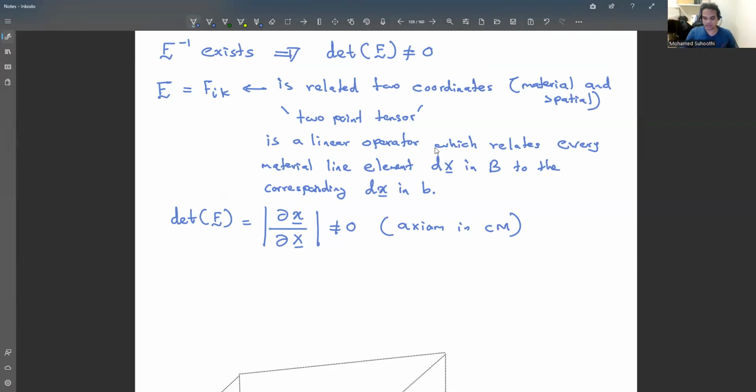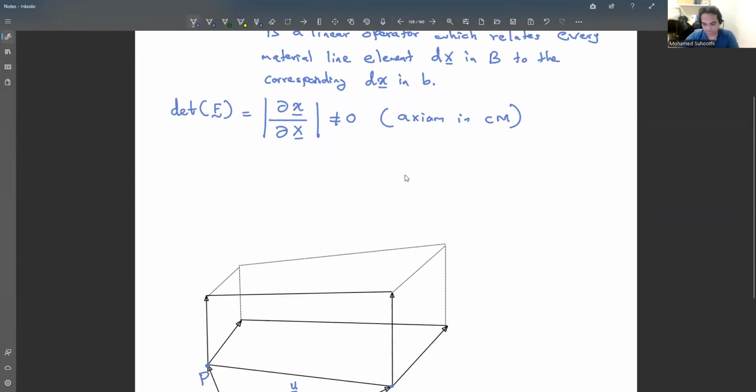Then the current configuration you can represent in terms of the reference configuration coordinate, as a function. The current configuration coordinate point can be expressed with respect to the reference configuration point and time, or vice versa.